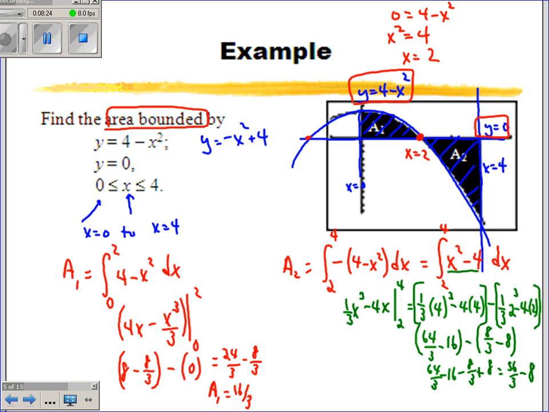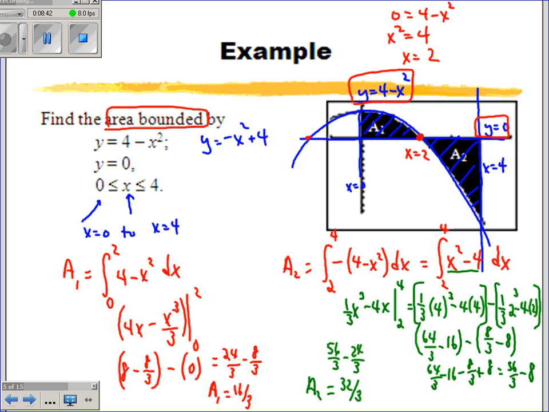And the 8 is 24 thirds, so 56 thirds minus 24 thirds comes out to be 32 thirds. And that's your A2. Notice it's positive. That's because we put that extra negative in and it turned it positive.